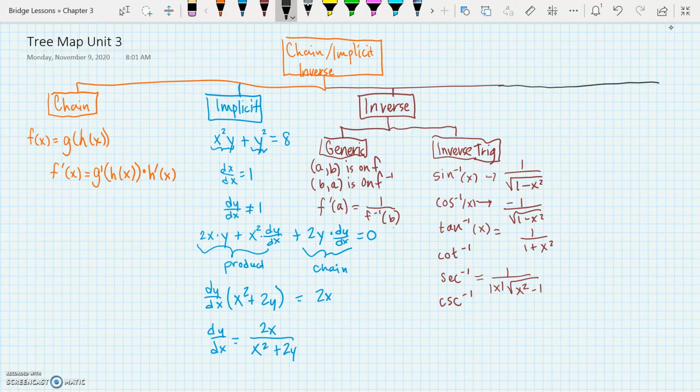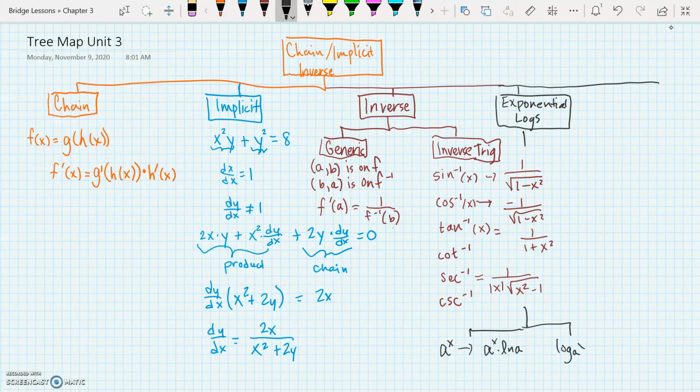And then from there, we also used implicit to derive the other exponential and logs. So we had the exponential derivative, so a to the x, that derivative is a to the x times natural log of a, and log base a of x, that derivative is 1 over x times the natural log of a.